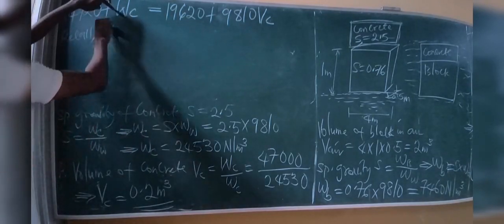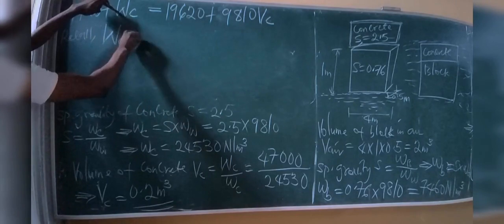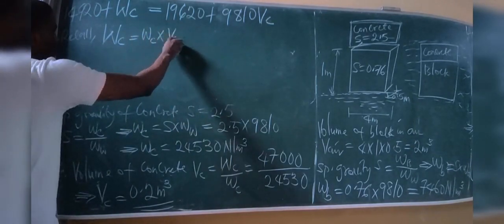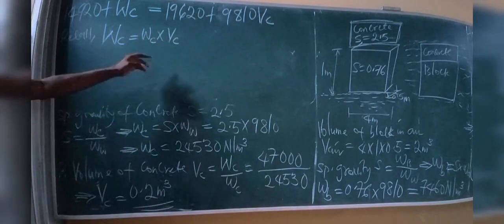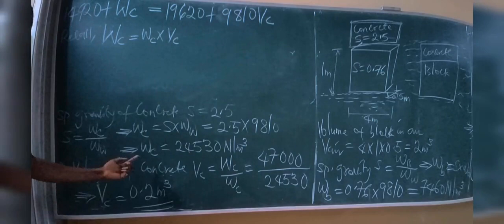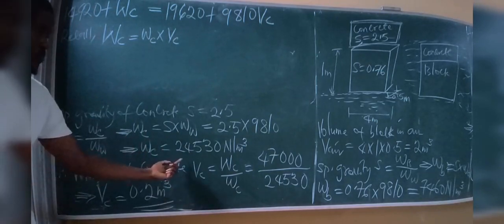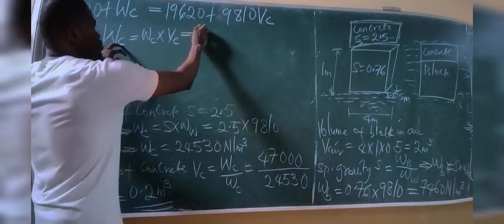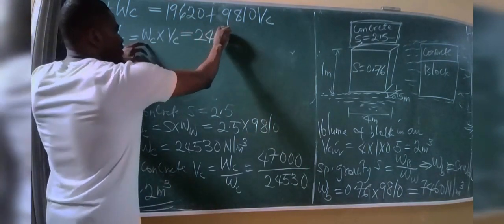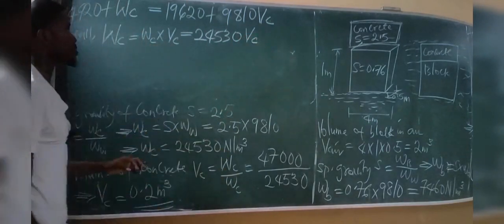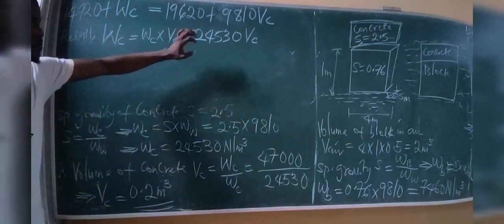But not forgetting, recall the total weight of the concrete, WC, simply means specific weight of concrete multiplied by volume of concrete. If we multiply concrete by its volume, we are going to have the total weight of the concrete in air. And we already obtained the specific weight of the concrete to be 24530. So the total weight of concrete is 24530 multiplied by VC, the volume of concrete. So in place of WC we can put in this value.